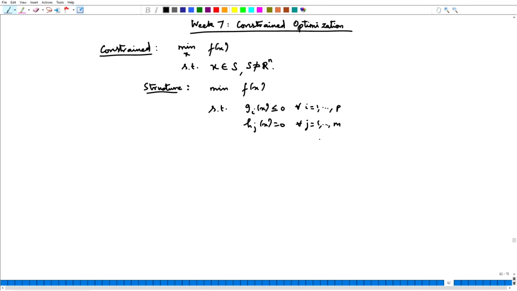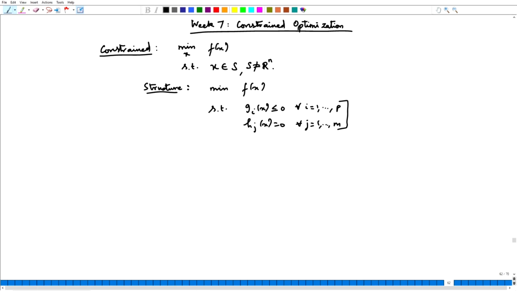You can see that the constraint set is represented by p inequality constraints and m equality constraints, right. Any constraint set that can be represented using these kinds of constraints is what we are going to consider in this course.